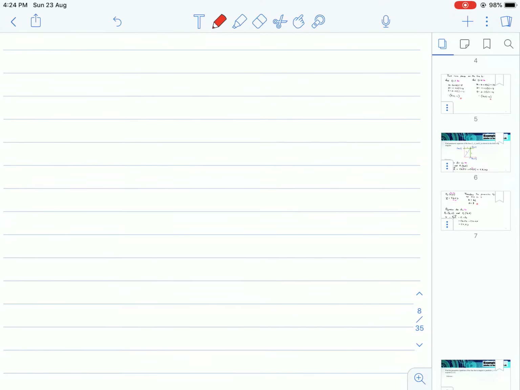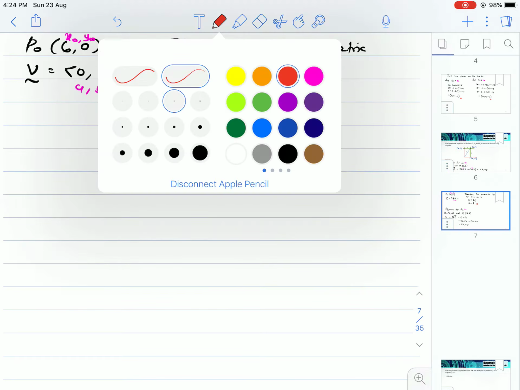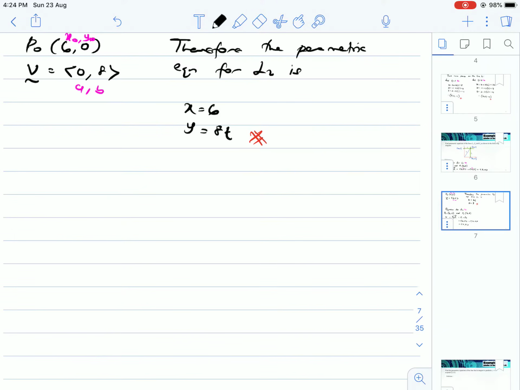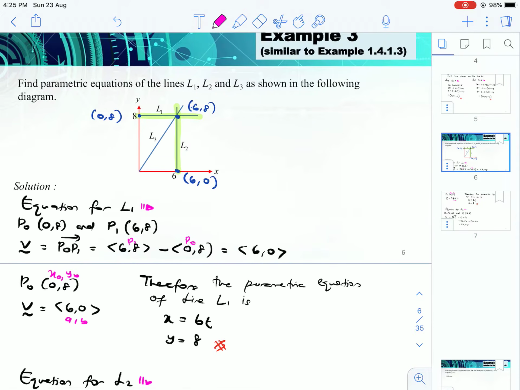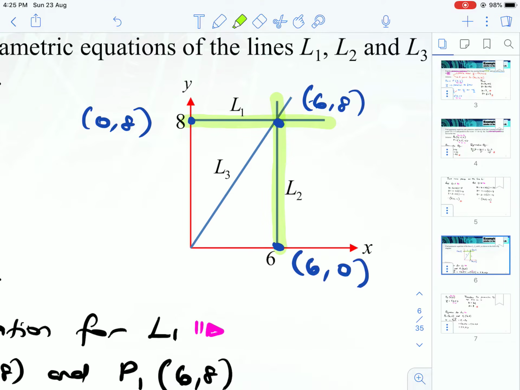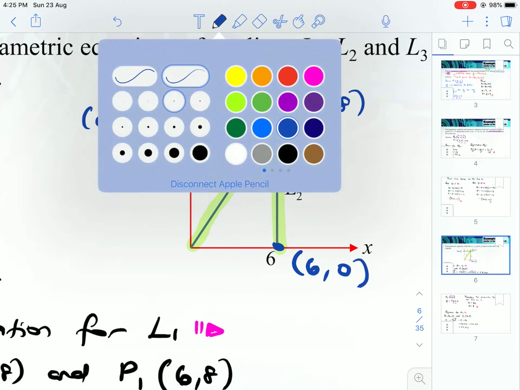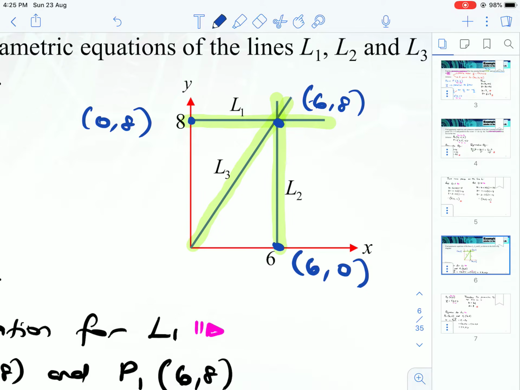Next, equation for L3. This is the line L3. The coordinate involved here is (0, 0).